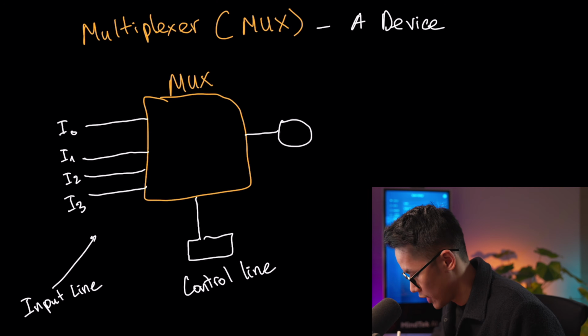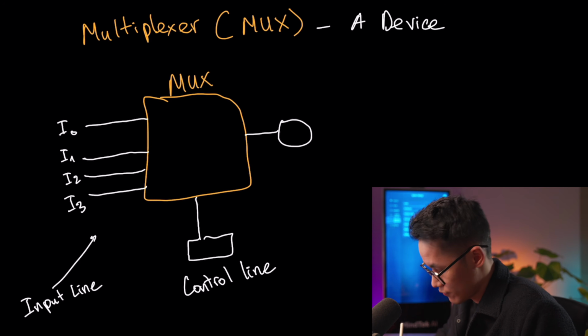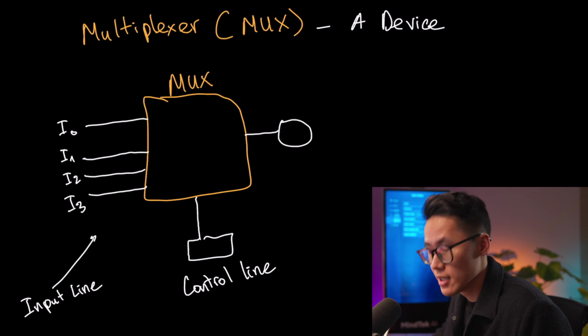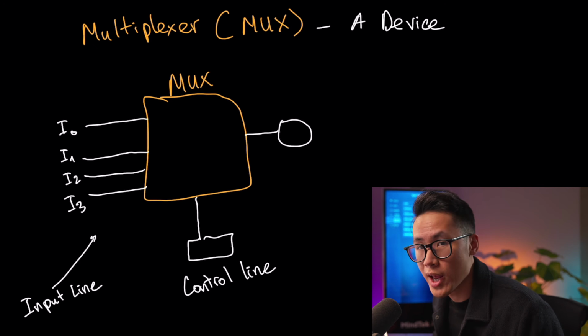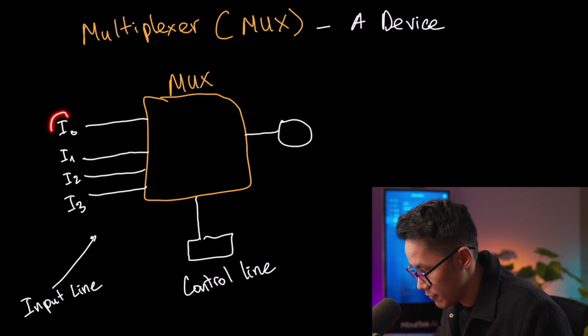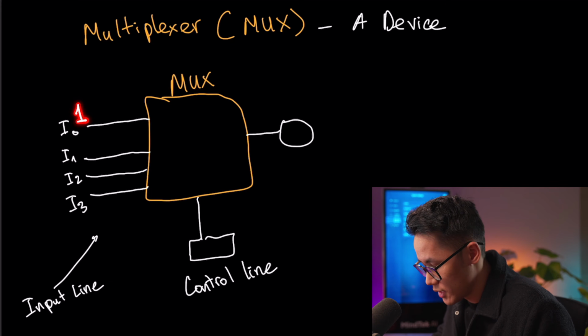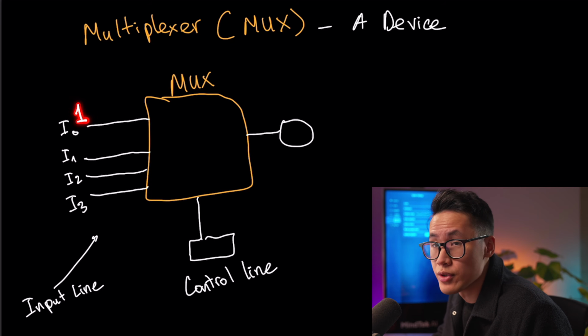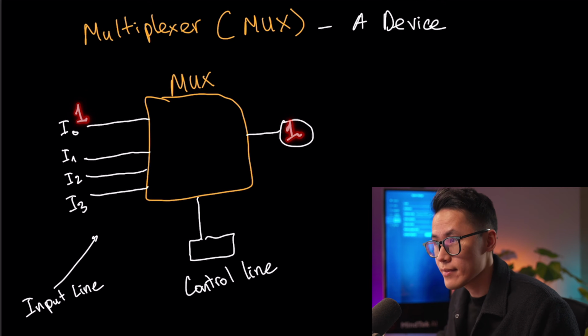In a MUX, the control line is what you can control. So you control the control line to determine which of the inputs will be forwarded to the output. What I mean by forward is that if this one is 0, then it will be 0. If this is 1 and I forward I0 to the output, this one will be copied over and it will be 1.